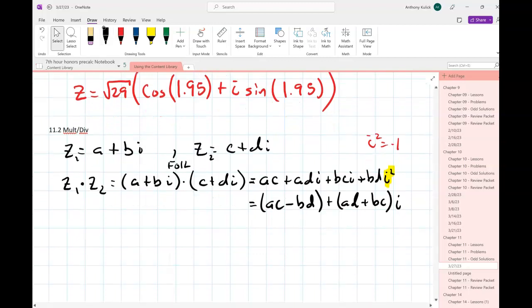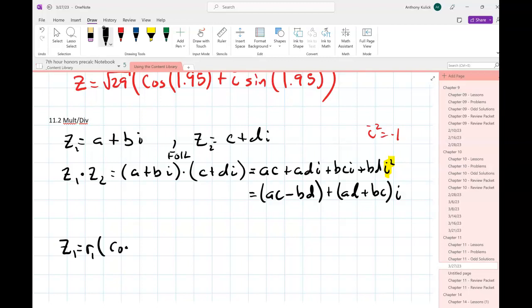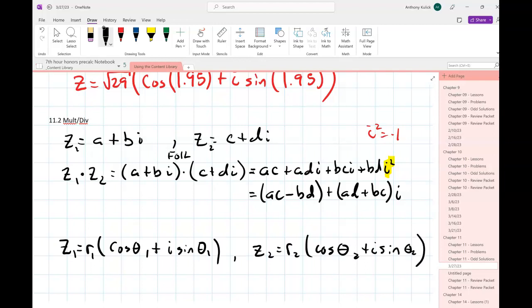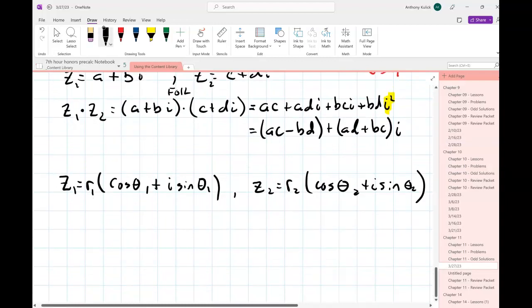Well, what else could we try? What if we put these into trigonometric form and see if we can find a way to make this any easier? Everybody with me so far on that idea?